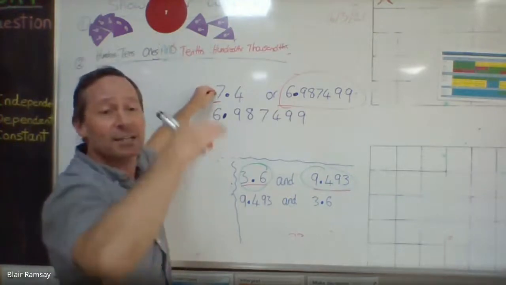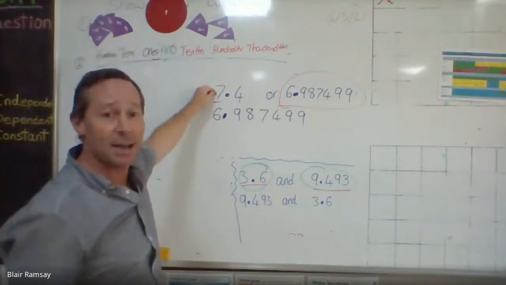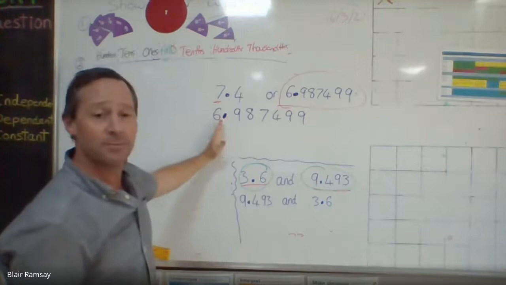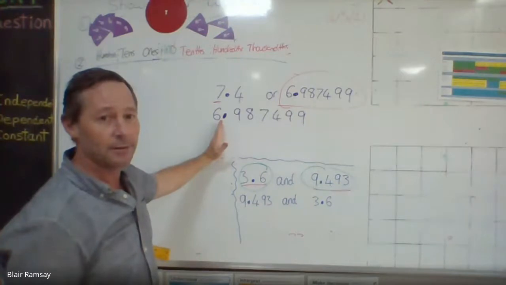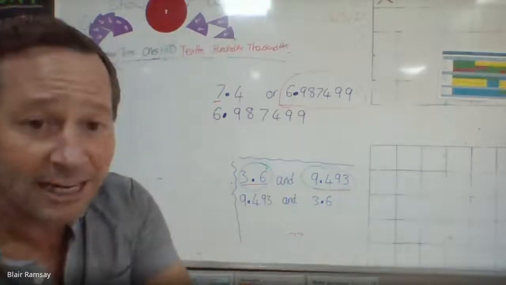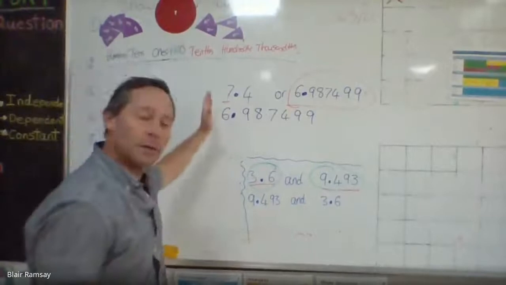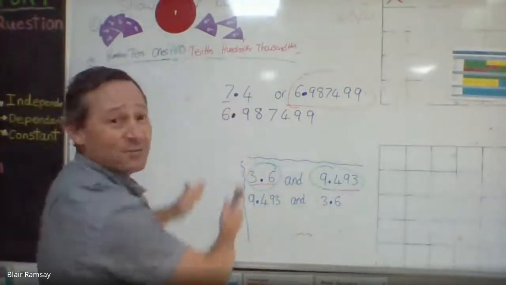Which one's greater? Which one's the biggest number? Emma, 7 or 6? I'm only looking at just one of the place values.